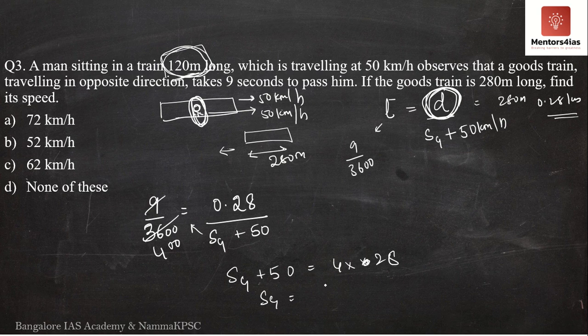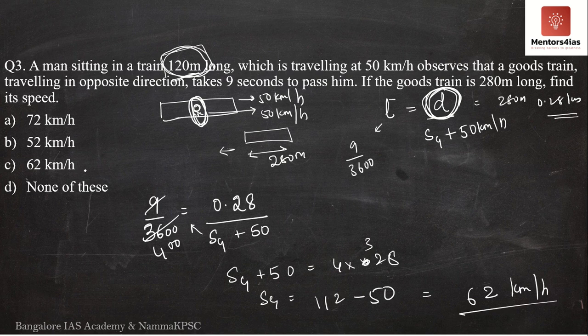Therefore, the speed of the goods train plus 50 is nothing but 4 into 28. 8 fours are 32. 4 ones are 4. 4 twos are 8. 8 plus 3 is 11. So 112. 112 minus 50 is what? 12 minus 5 is 7, no, 11 minus 5 is 6, so it is 62 kilometers per hour.